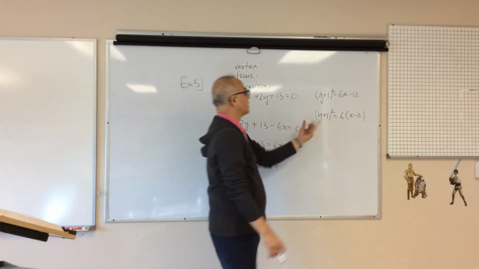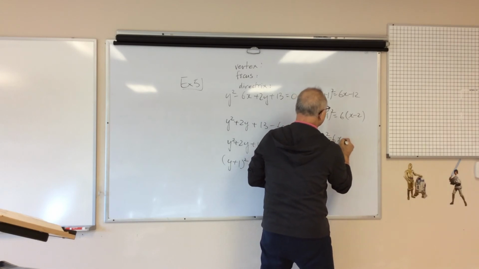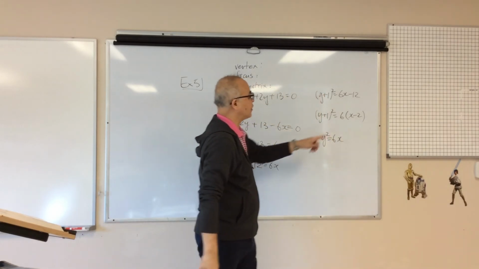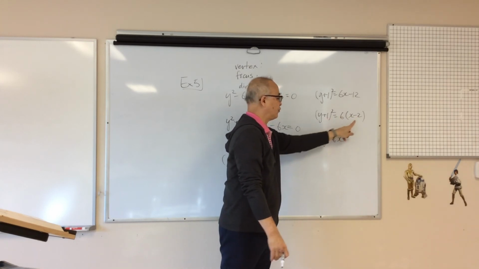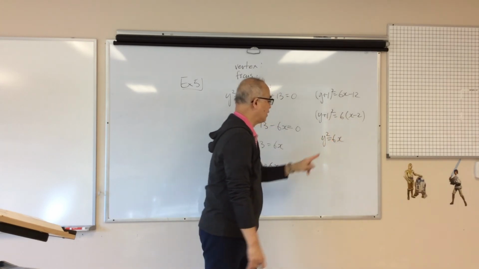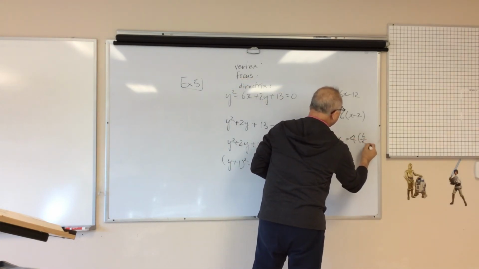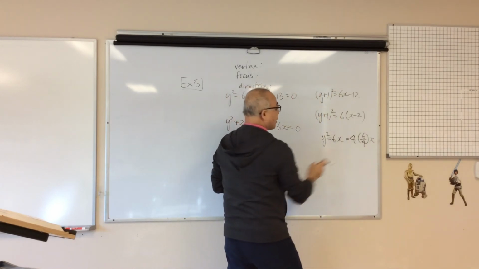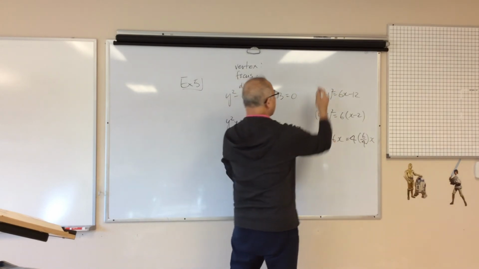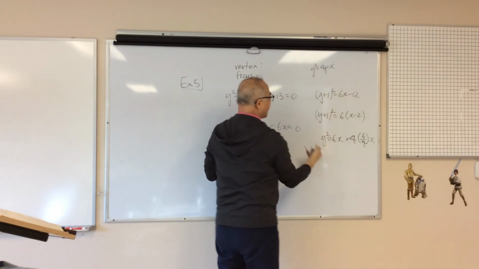So this is basically taking this guy and moving it 2 to the right and 1 down. Again, I have to pull the 4 out because, remember, the form looked like this. So that's what I'm trying to find.